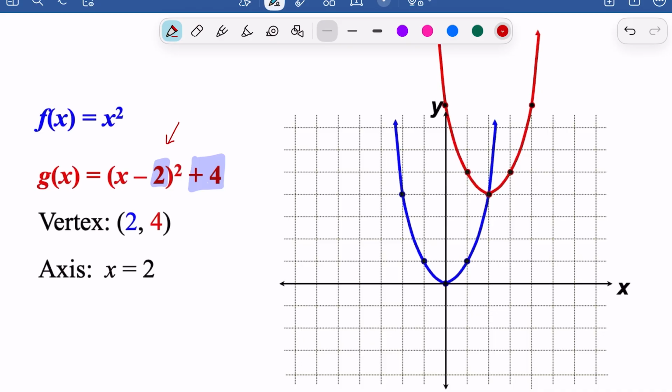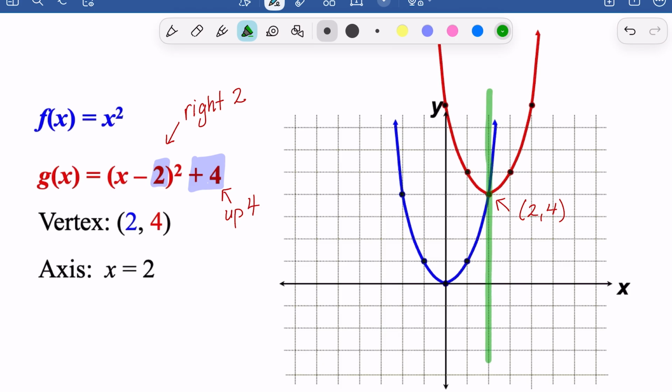So right 2, up 4. That means our new vertex would be at the point (2, 4). Our axis of symmetry is going to match the x value of the vertex, so x equals 2.